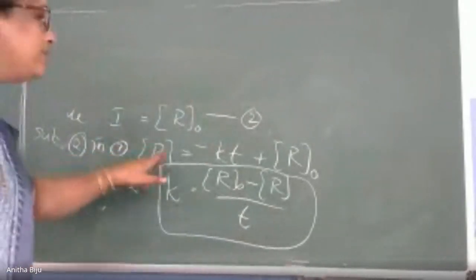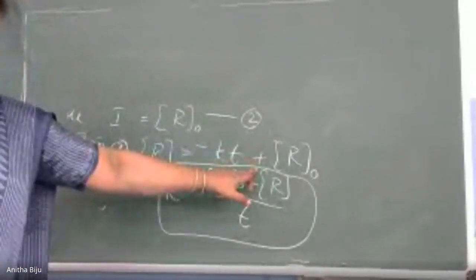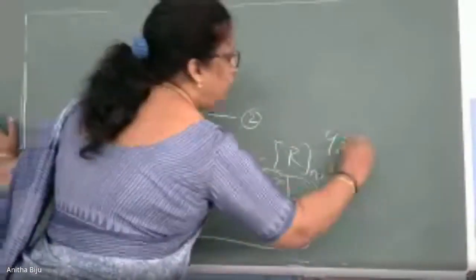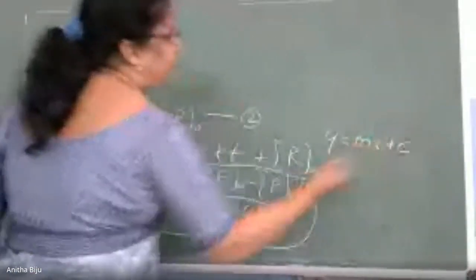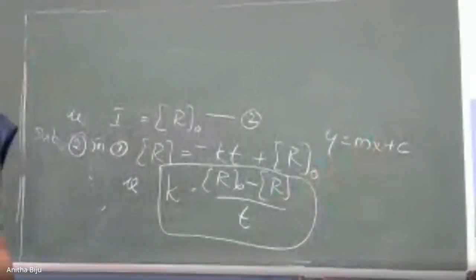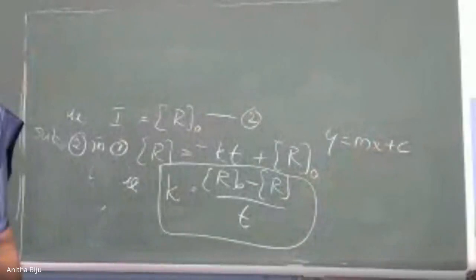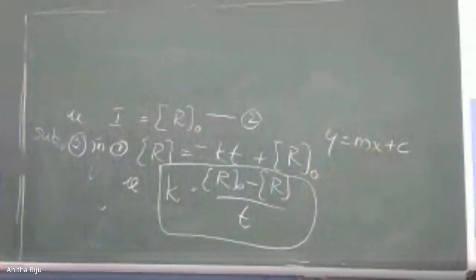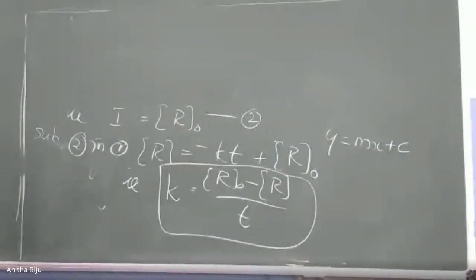When we take this equation, it is similar to the equation of a straight line, y is equal to mx plus c, where m is called the slope and c is called the intercept. So we can plot a graph connecting concentration of reactant and time.